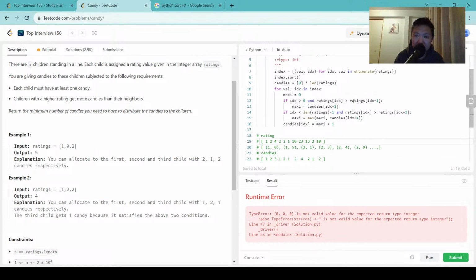So an example is this guy right here. When she is being processed, she's processed second. Neither this person nor this person has been processed yet. So by definition, both of these would be 0 in the candies array.